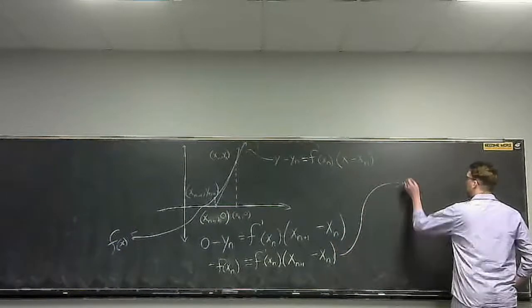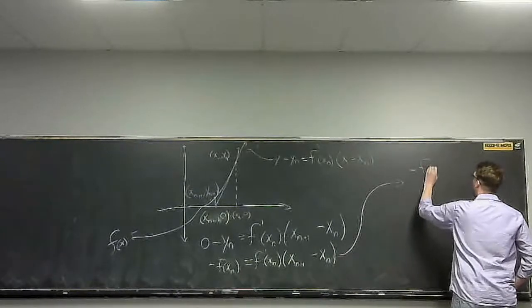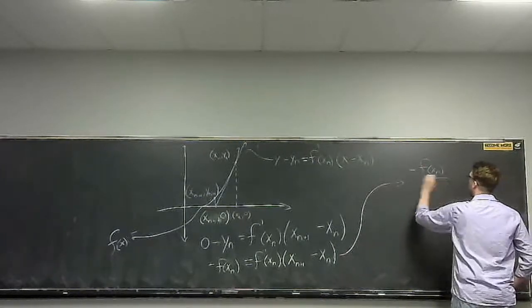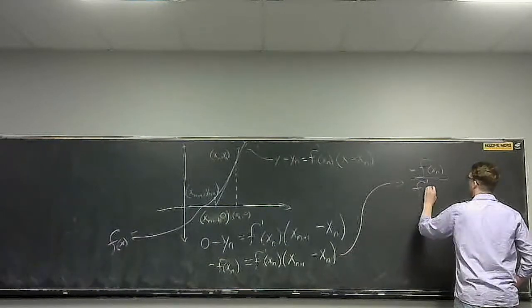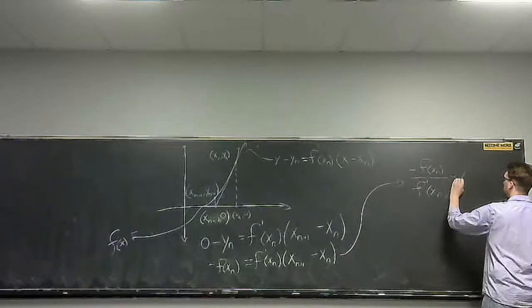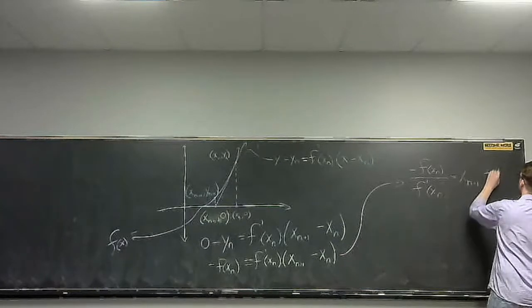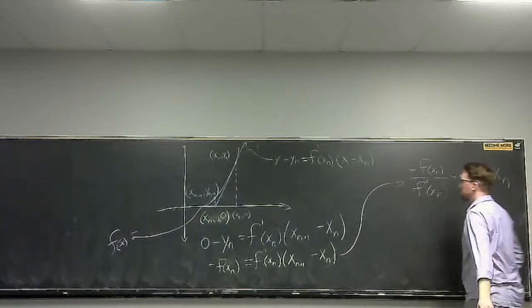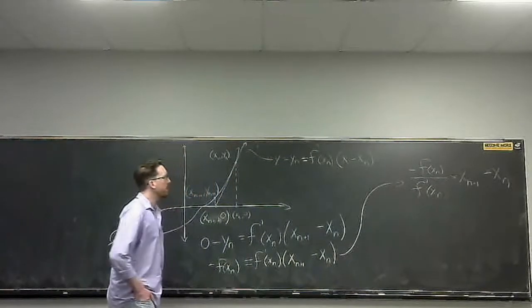When we do that, we get negative f of xn divided by f prime of xn is equal to xn plus 1 minus xn. But look at what happens now.